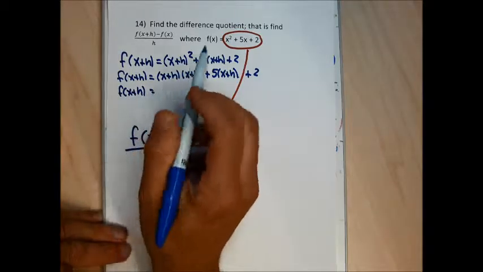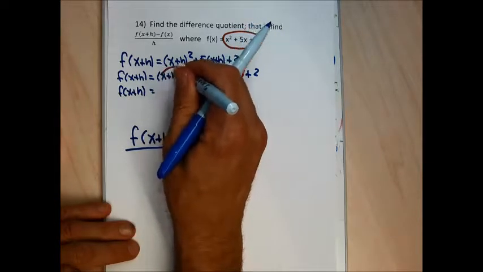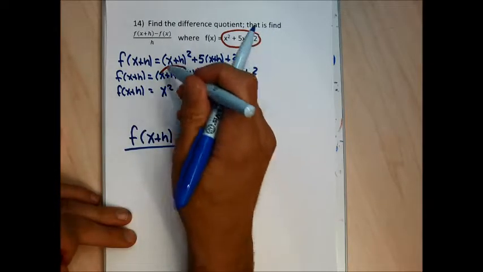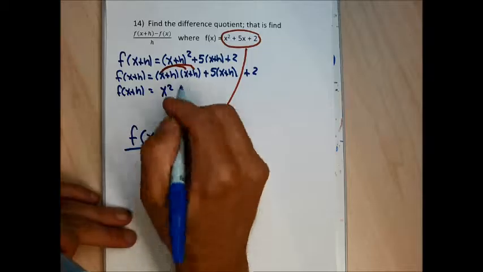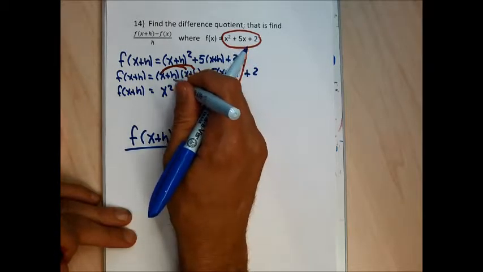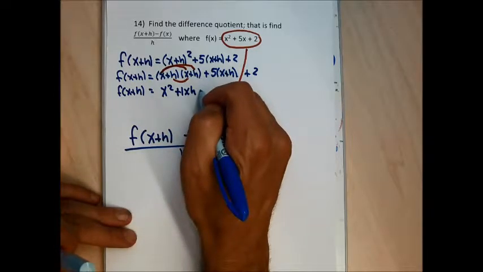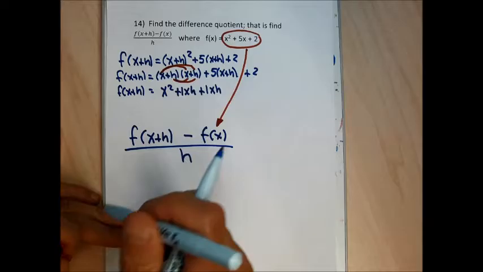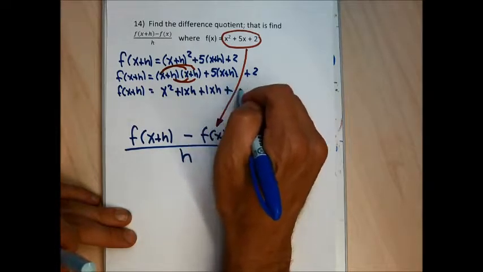That's going to be something now that I'm going to FOIL. I'll do first: x times x is x squared. Outers, x times h is xh, and I'm going to write plus 1xh. Inners are h times x, and I'm going to write plus 1xh for that as well. Last are h times h, which is plus h squared.